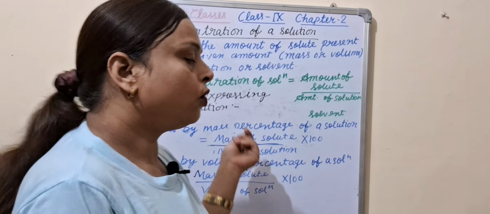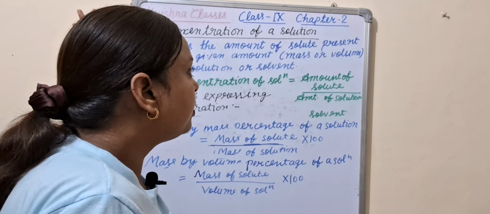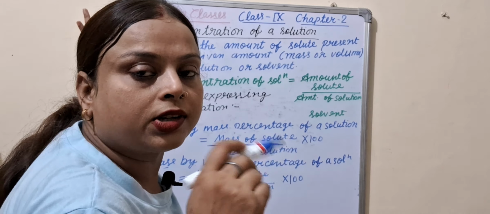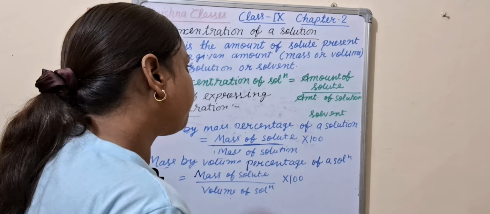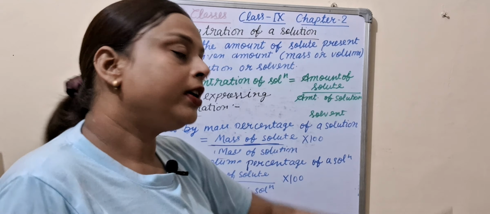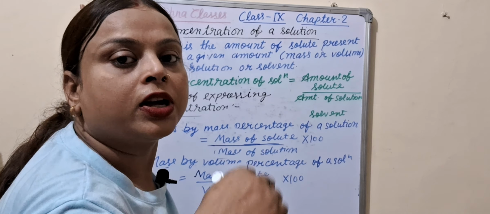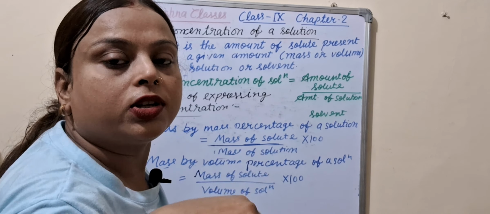Okay, for example, if you take a solution of sugar and water, then you can understand this topic very easily. If you dissolve 1 teaspoon of sugar in water, then a dilute solution is formed.